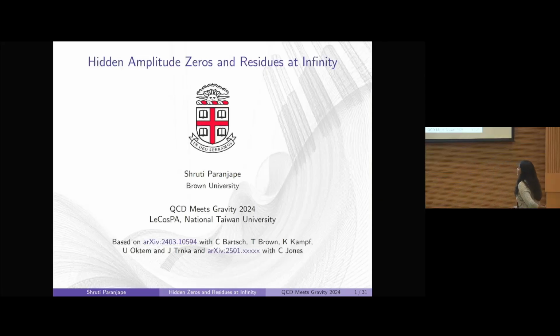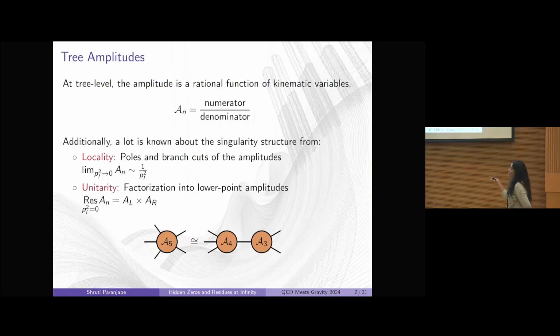All right, so amplitudes are very friendly objects. We know that they're rational functions. And the nice thing about rational functions is they look like a numerator over a denominator. And locality in quantum field theory tells you a lot about the denominator. It tells you where the poles are, and it tells you what happens near the poles.